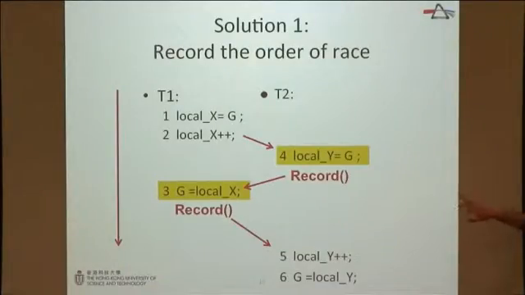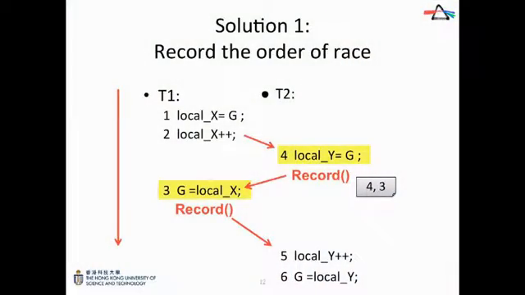And since we're doing user level recording, we're going to insert some instrumentation code and try to record this race order. So by inserting this instrumentation, we hope to produce a log of 4, 3, right? So the order is that 4 executed first, followed by 3.